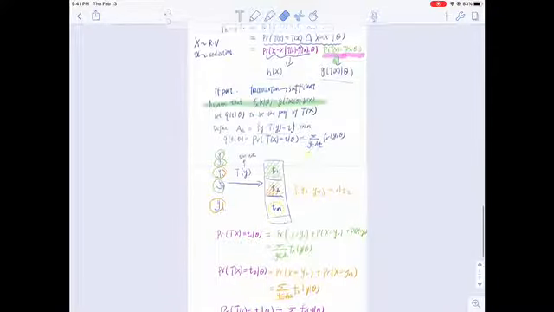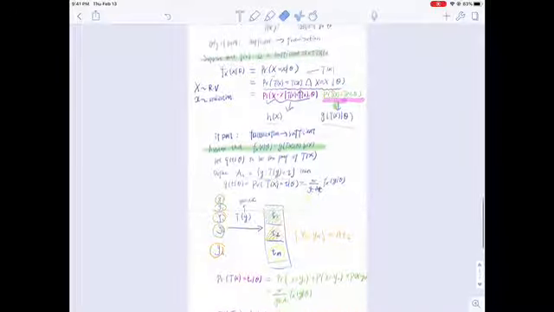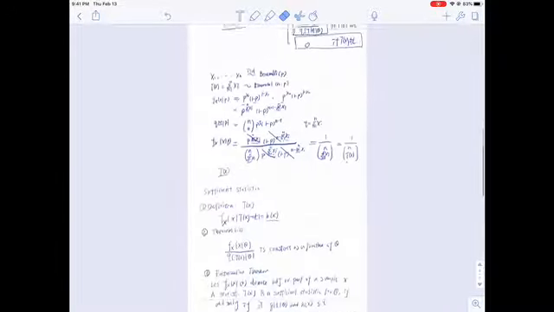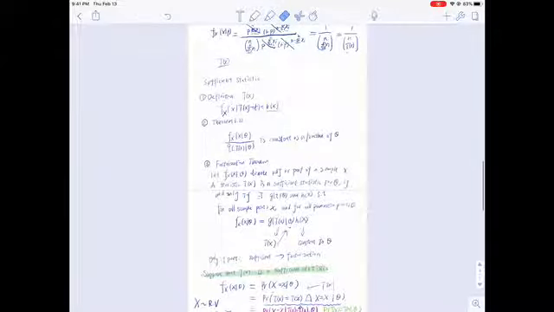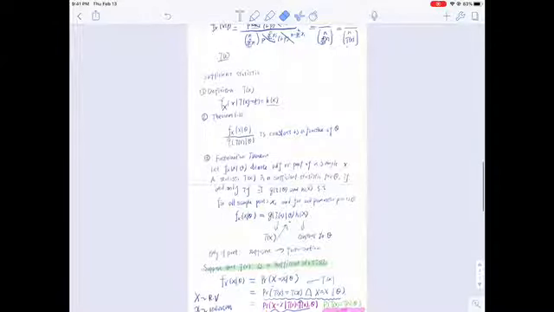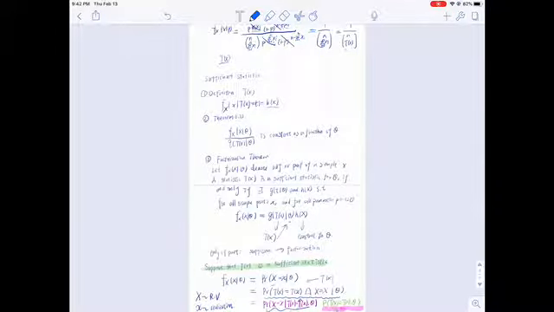Our goal is to show that T of x is a sufficient statistic. And remember, we already knew that there are two ways we can show that T of x is sufficient. We can either use the definition, or we can use the theorem where we take the ratio of the PDF of x and the marginal PDF of the statistic.